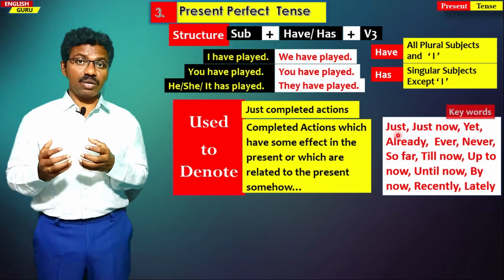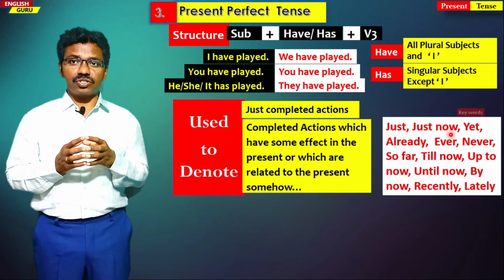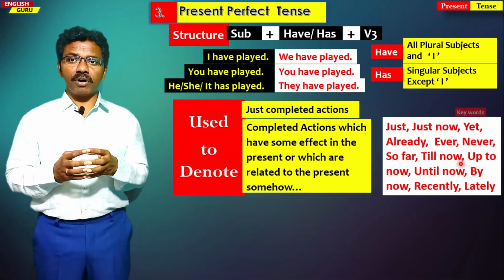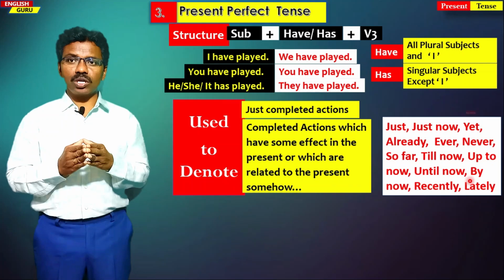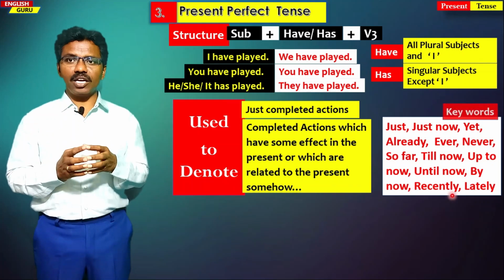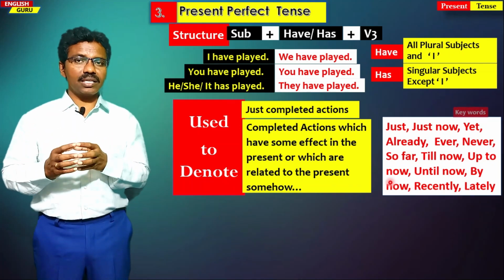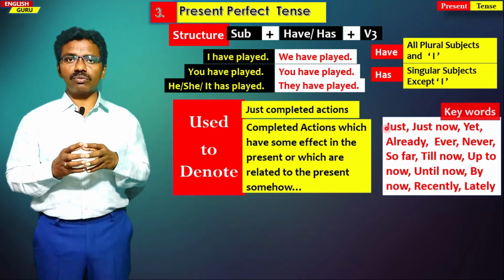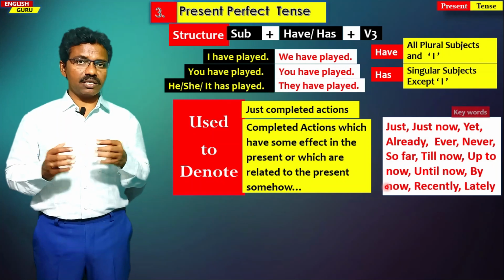They are the keywords. The keywords are like just now, yet, already, ever, never, so far, till now, up to now, until now, by now, recently, lately, etc. These words will help us to use present perfect tense in a better manner.